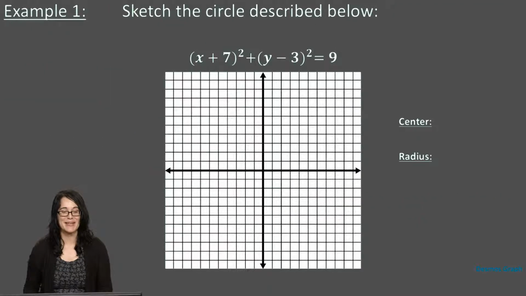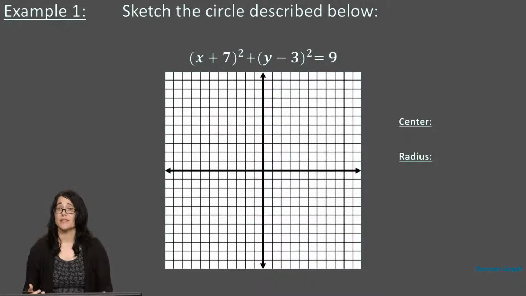All right, let's take a look at example 1, where we give you an equation in standard form. It says, sketch the circle described below: (x plus 7) squared plus (y minus 3) squared equals 9. Now I want to point out quickly that you should be able to always recognize that this is a circle because it is in standard form.